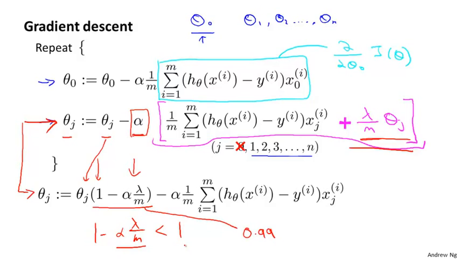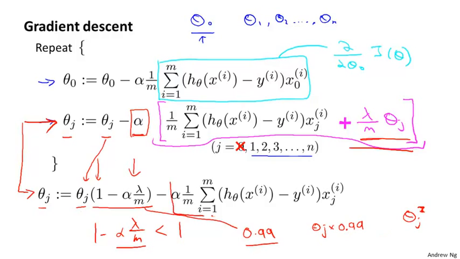And so the effect of our update to theta j is that theta j gets replaced by theta j times 0.99, right? So theta j times 0.99 has the effect of shrinking theta j a little bit towards 0. So this makes theta j a bit smaller. Or more formally, this makes the squared norm of theta j a little bit smaller.